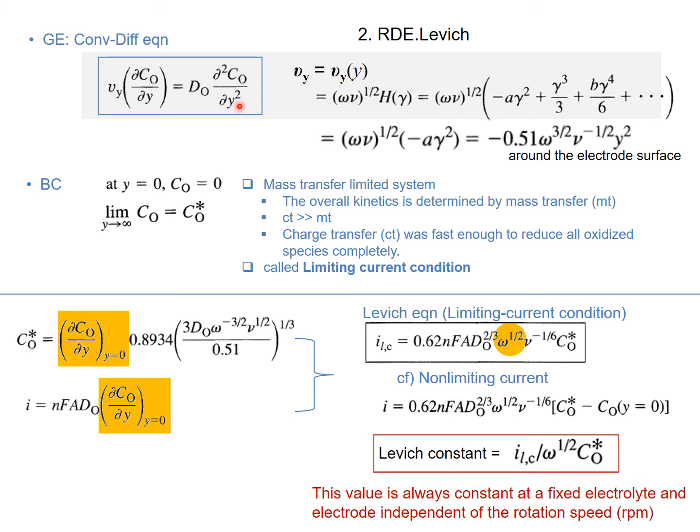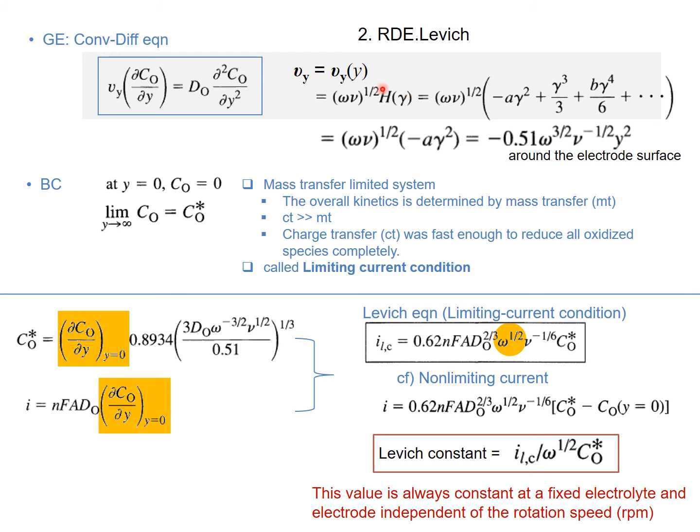Then we already know the y component of velocity could be described by the gamma function in a complicated case. However, around the electrode surface, this v sub y is equal to some parameter times y squared. That's it. So right now we have a complete form of the governing equation.